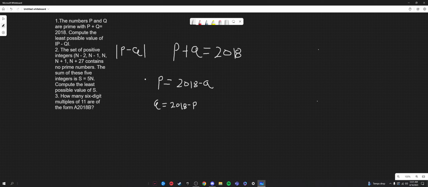We can now plug in our new definitions of p and q into this equation. We're going to write out 2 of them. So we're going to have 2018 minus q, in absolute value, and we don't know what this number is, we just want the least possible value of it. We'll just call it x. And of course we also plug it in for p.